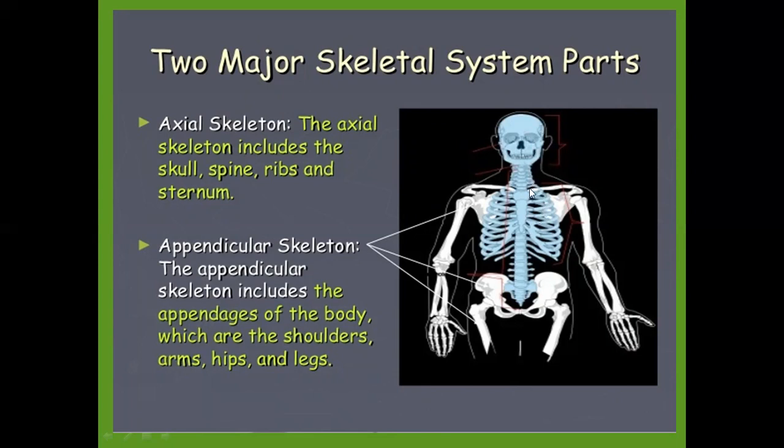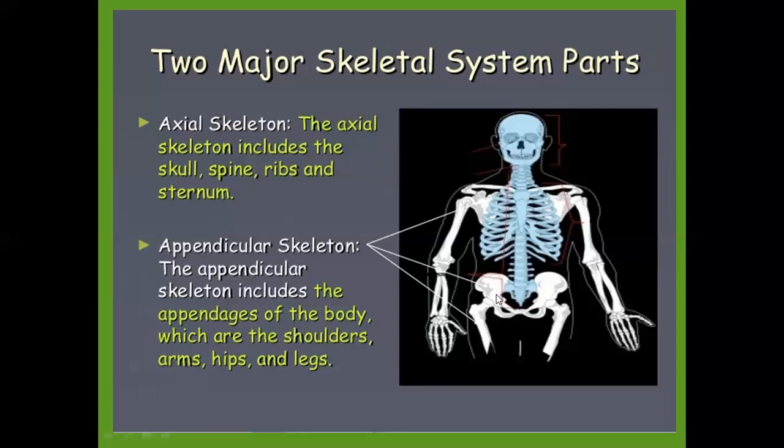This is the head and this is the trunk. And the appendicular skeleton consists of 126 bones.